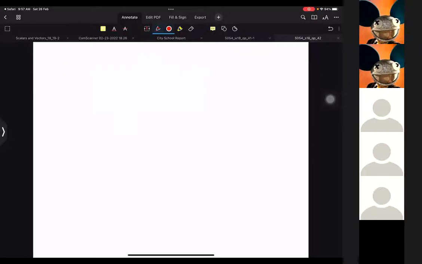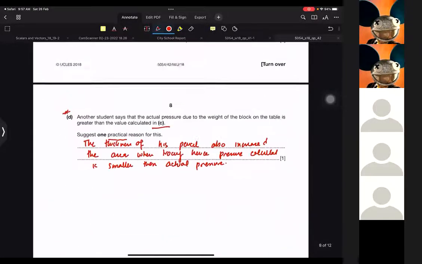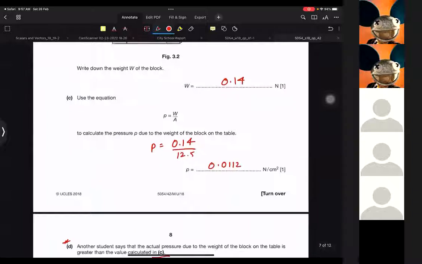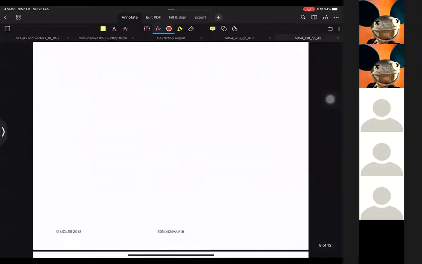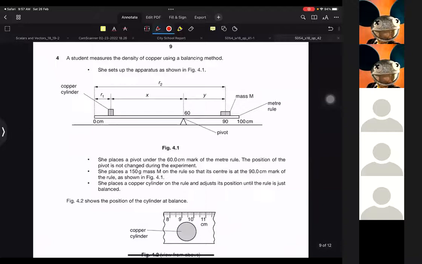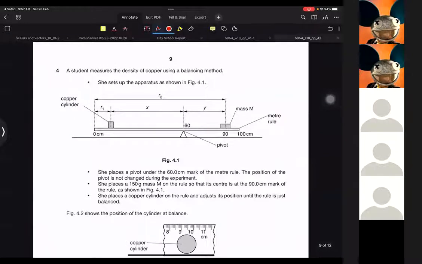The next, if you have any questions in this one before I start the new one, please let me know. The next is question number 4. And first of all, they say use a pivot at 60 and the position of the pivot is not changed during the experiment.